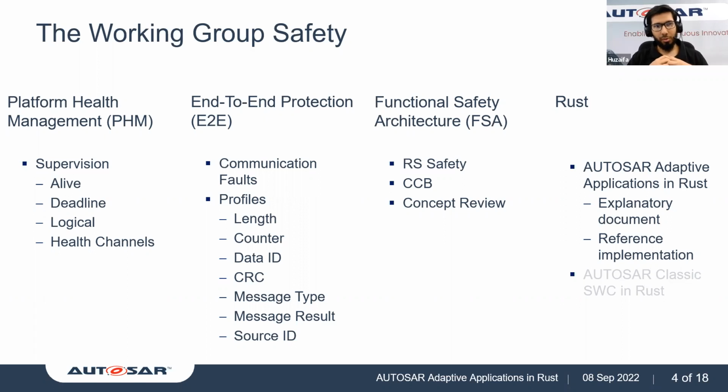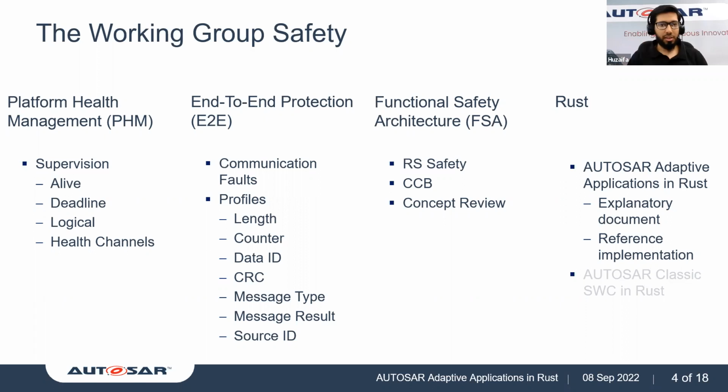The other subgroup that we have is called end-to-end protection. In the ISO 26262 part 6, appendix D, there are about 10 communication faults mentioned for embedded systems. Our response to that from AUTOSAR is this end-to-end protection mechanism, where we have different profiles.